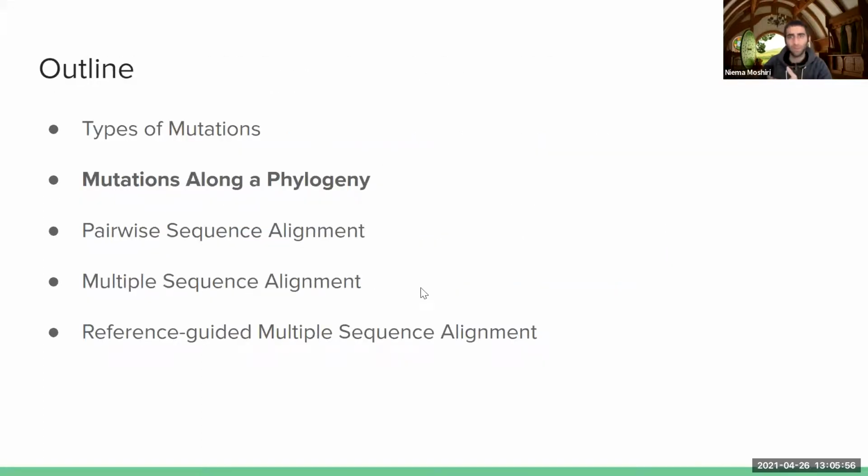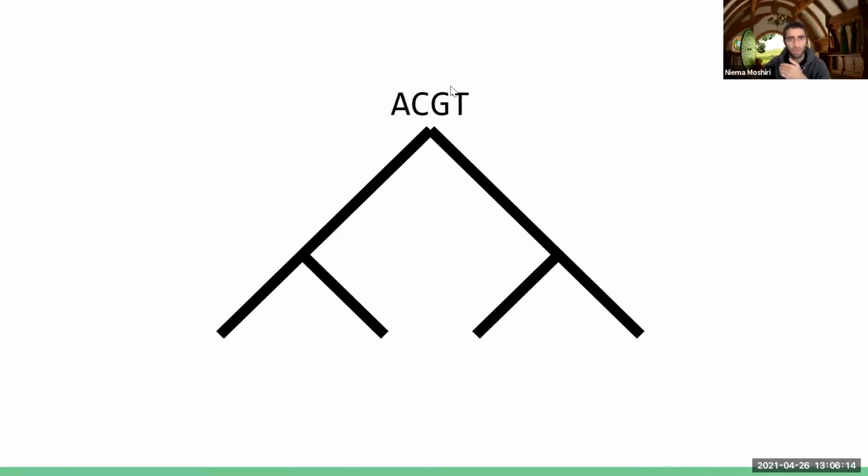So how do we think of mutations going down an evolutionary tree? Remember, an evolutionary tree is a tree structure where we have an ancestor, and then over time, forward in time is down, we have the leaves, which are present day sequences. So how can we imagine mutations occurring down a phylogeny? Here I have my ancestral sequence.